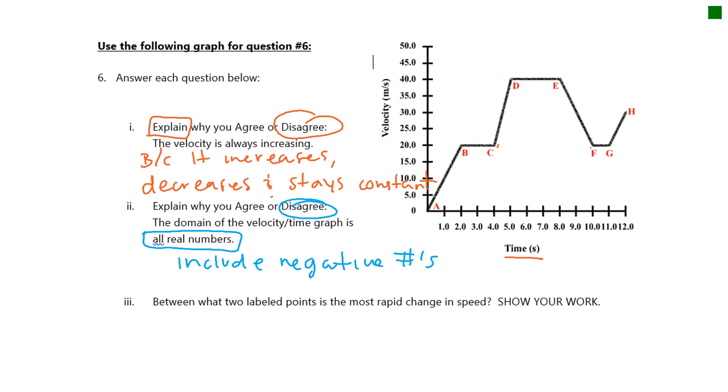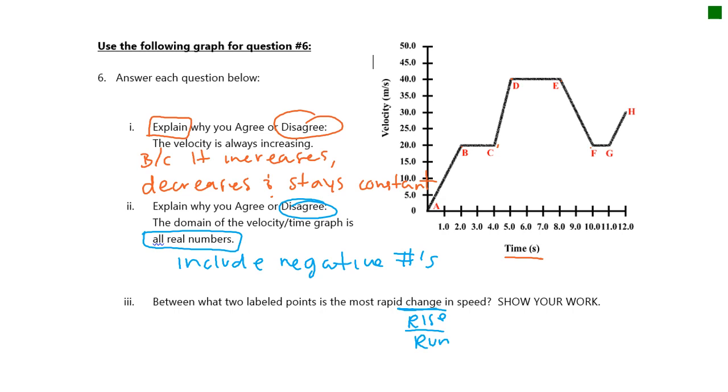So I disagree. All right, the next one, it says between what two label points is the most rapid change in speed. Again, we're talking about change. Okay, what other word do we use for change? We use rates of change, and what's the formula for that? It's rise over run. Okay, rise, you should know that it's up and down, run is left and right. All right, so we have to look at the points that are the most changed.